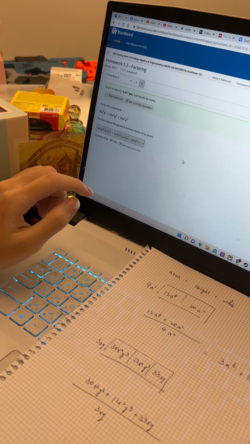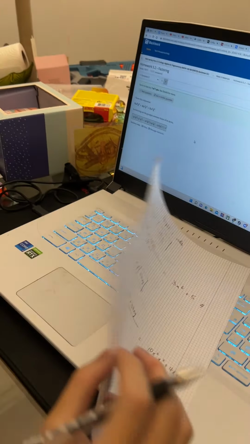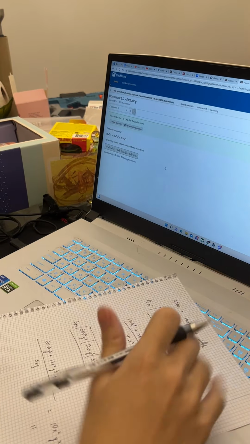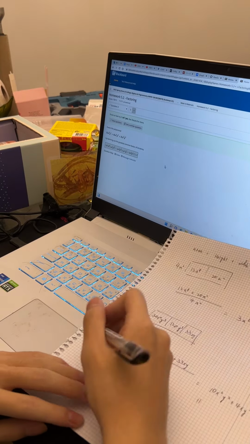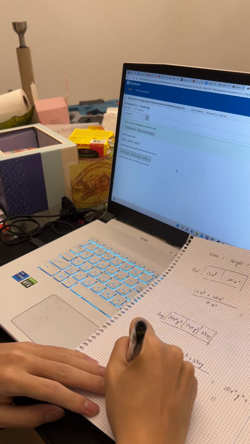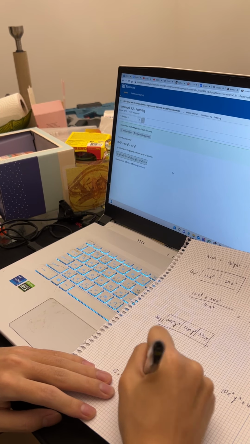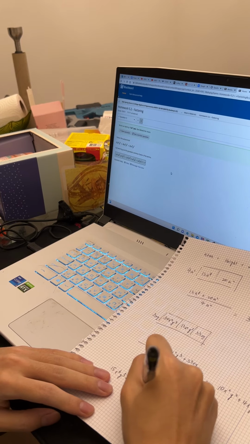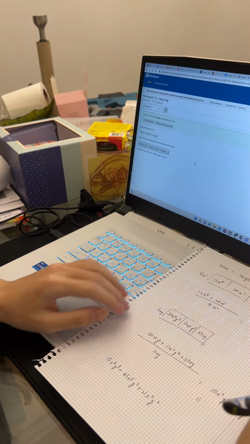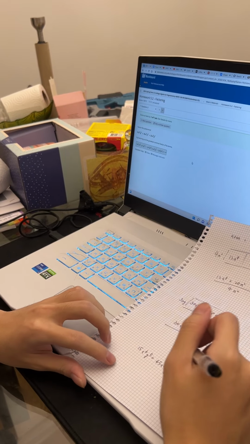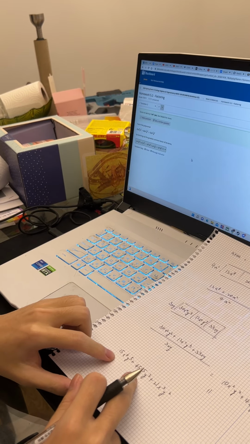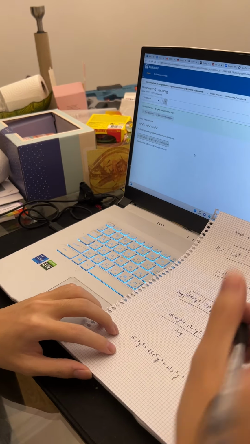The third question is to factor the polynomial, and the expression is 15x to the 6th y to the 5th plus 45x to the 5th y to the 3rd plus 21x to the 3rd y to the 2nd. For this question, we're finding the greatest common factor of these three terms.